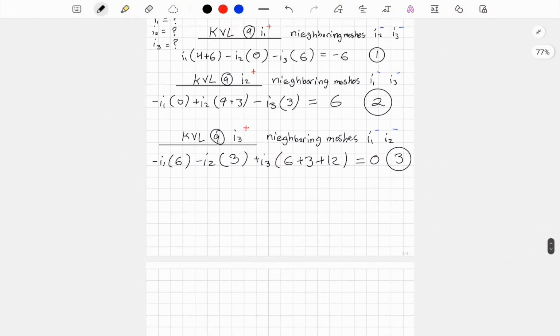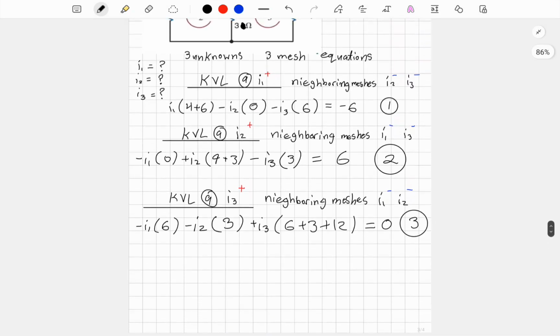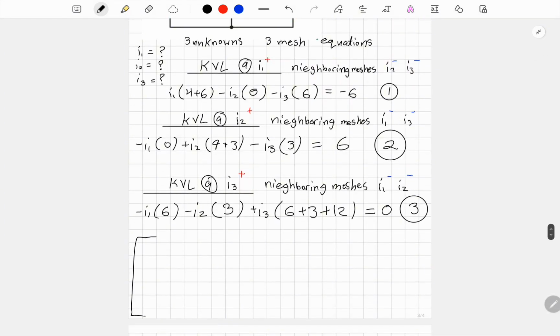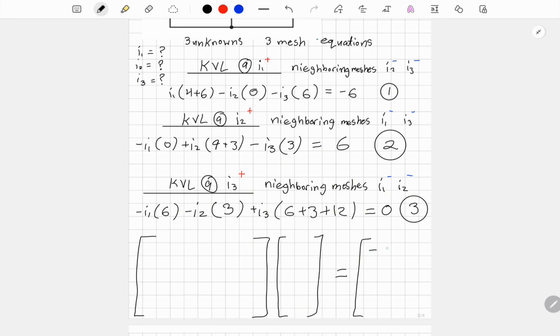So that's what I'm going to be doing, and I'm going to show this step to you guys. Feel free to fast forward if you want to. So I have my 6, 0, and then I have I1, I2, and I3.